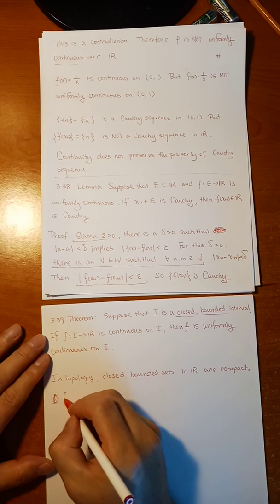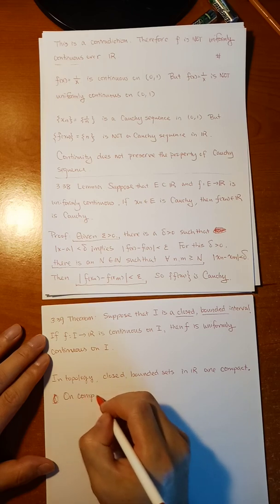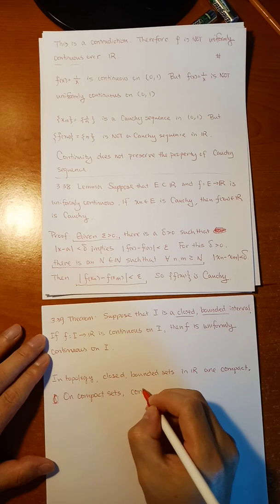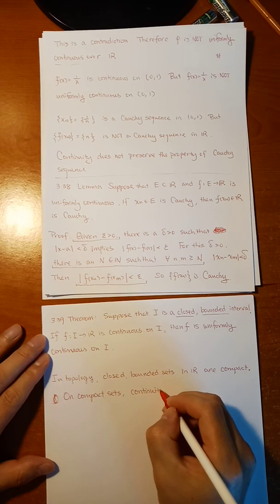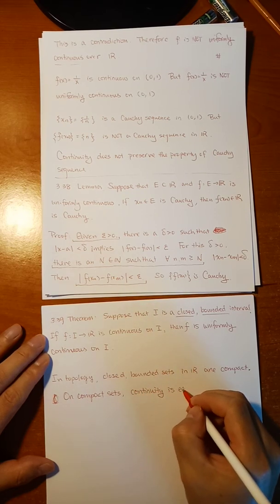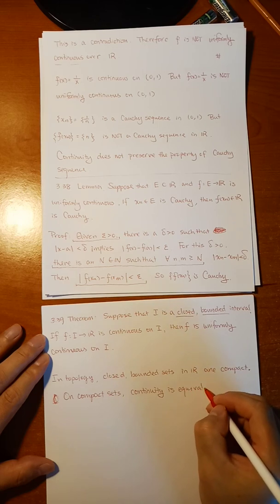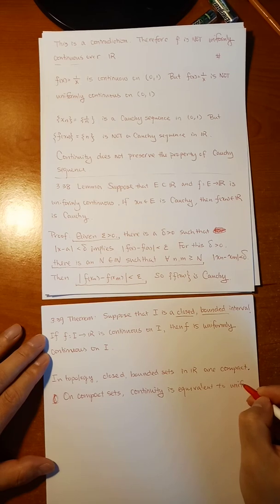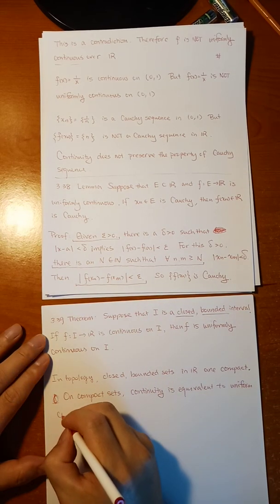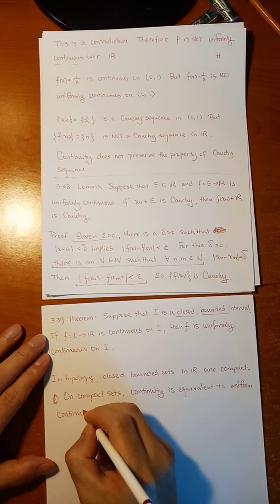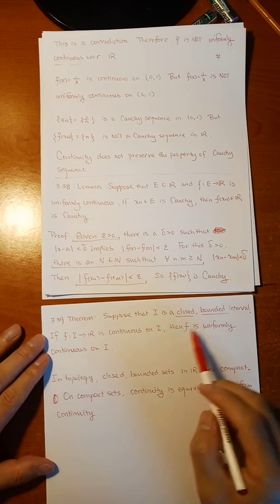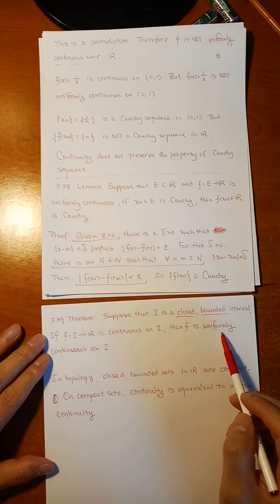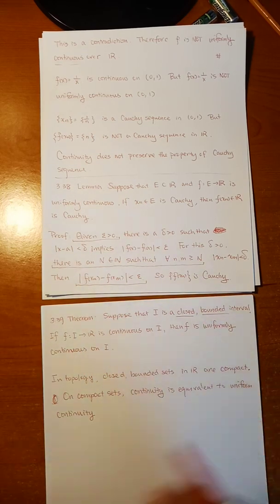On a compact set, continuity is equivalent to uniform continuity. Because here you see, from continuity you get uniform continuity, but uniform continuity is automatically continuity.